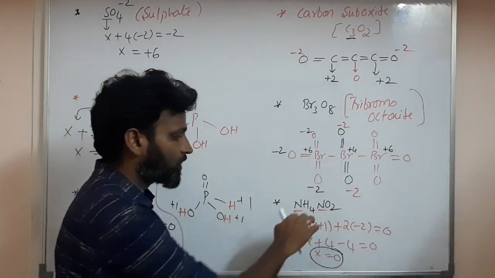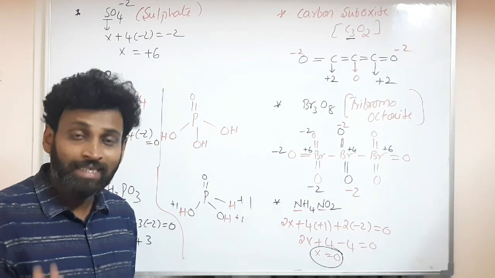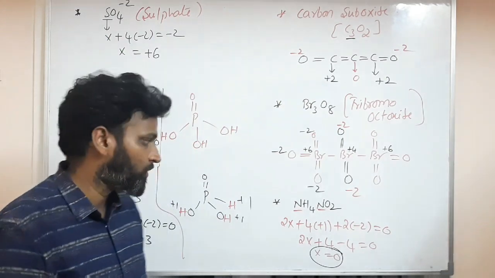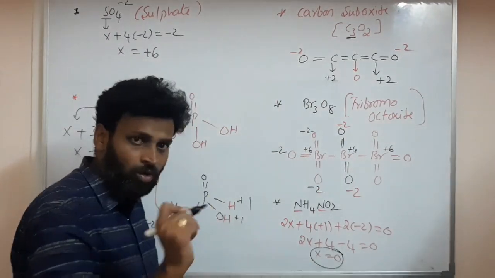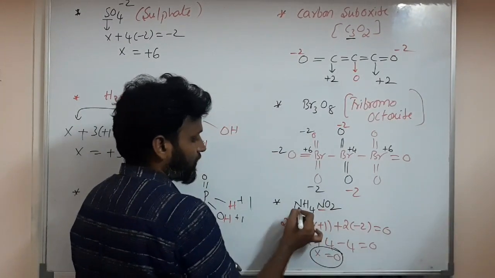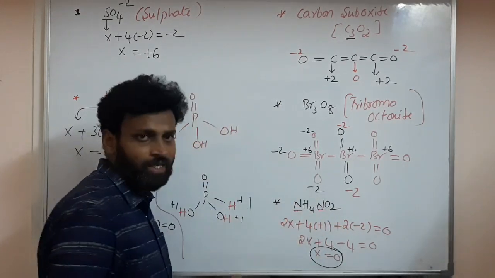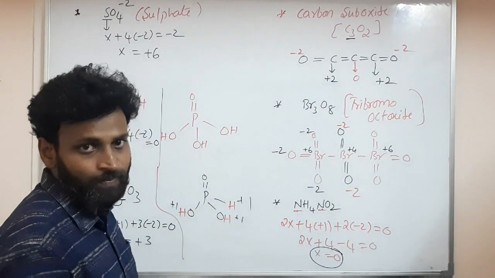See here also, sir, is this oxide or peroxide? Nitrogen with oxide only. Remember this one. I said transition metal with oxygen, only oxide. -2 you have to consider. Here also -2 you have to consider with nitrogen. Remember and note down all those things. But individually, here what is the nitrogen oxidation state, means you have to separate this NH4NO2.